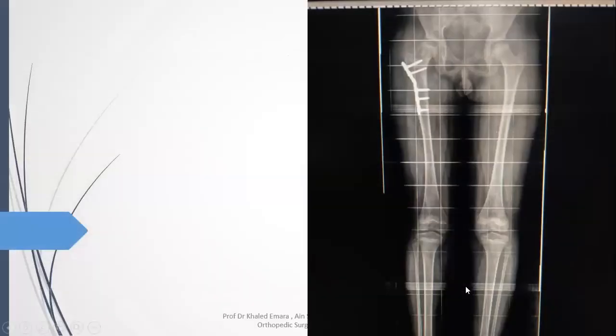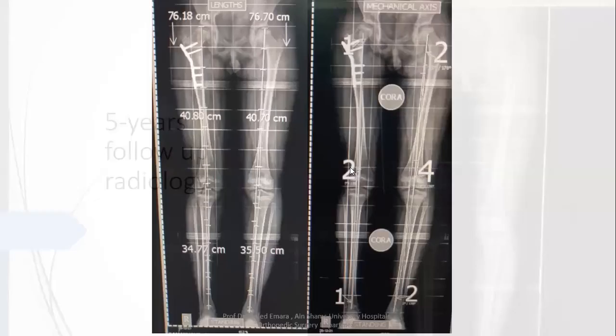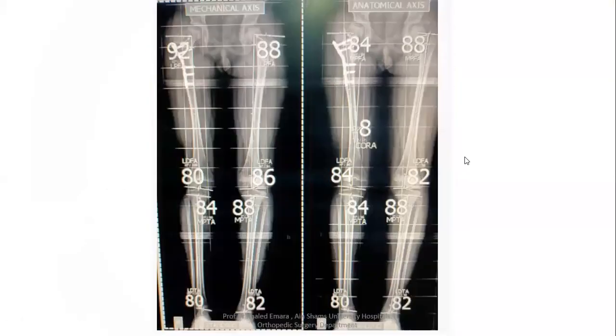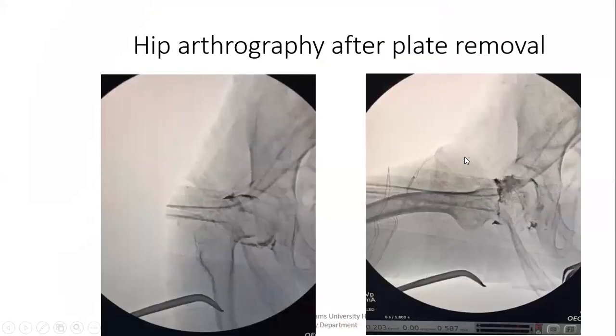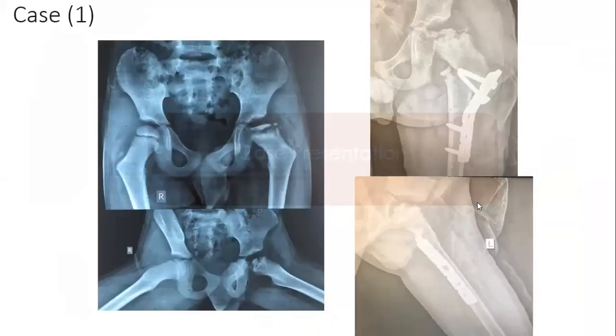So if you correct the limb length discrepancy and the symptoms of the patient, like here, 5 years follow-up, as you see here, and this is at the time of hardware removal, the hip looks very good and very smooth.